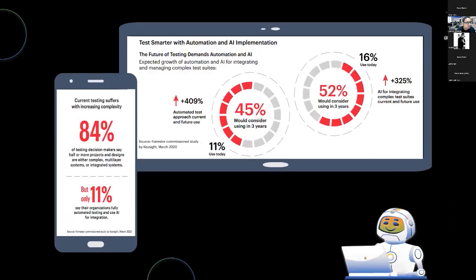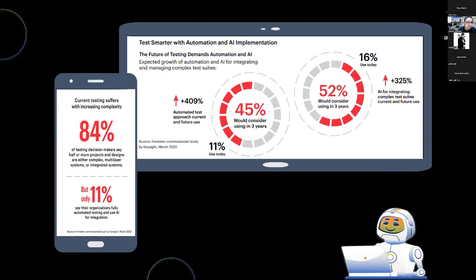This is a study by Forrester, commissioned along with Keysight, where the stats said that 84% of projects are really very complex, but only 11% of them actually use AI for their testing or integration purposes, which is quite a low number, right?